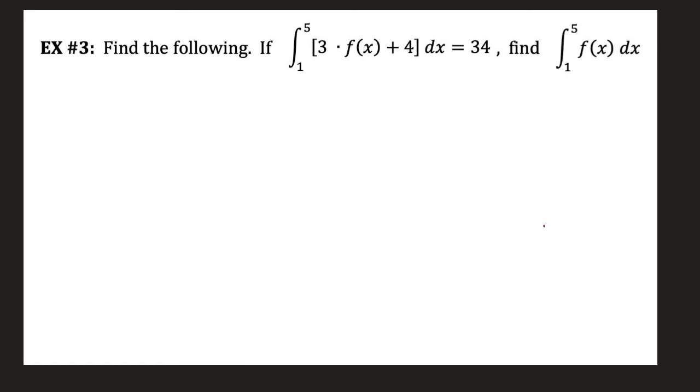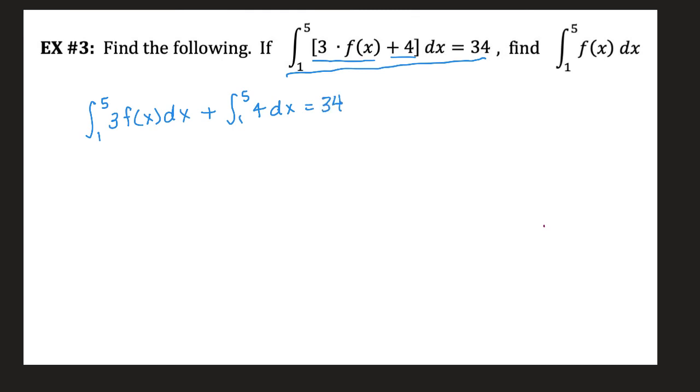Okay, to work out this problem, this is really a good equation for us to work with. We're going to break this apart. First, I'm going to group this together and then have this separated. So we're going to have the integral from 1 to 5 of 3 times f of x dx plus the integral from 1 to 5 of 4 dx, and this is equal to 34.